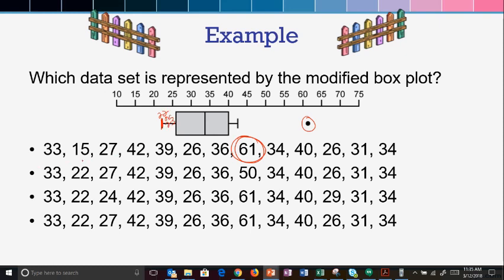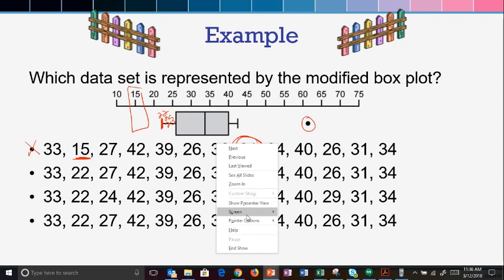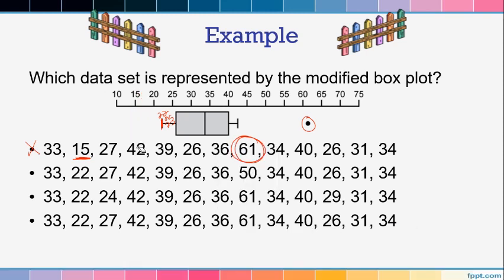So if I look here, notice I've got this data point of 15. Well, I don't have anything marked at 15. There's nothing there. So this could not be an option. All right, so that's just me taking a look to see what values are in my data set that match the box plot.